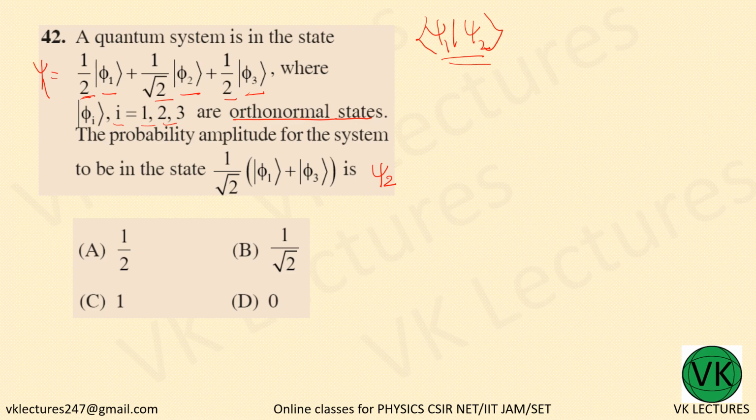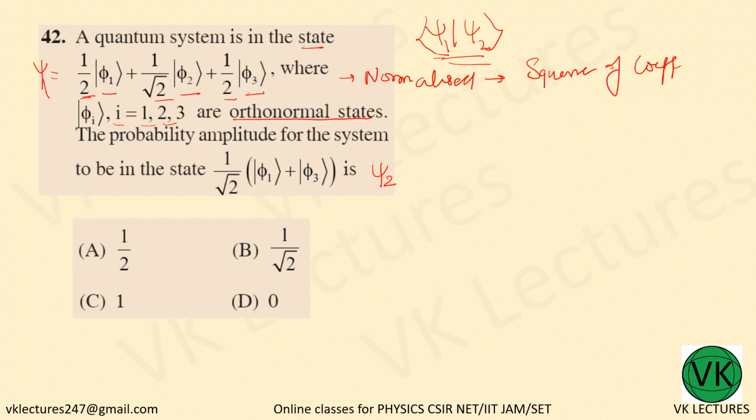Now first of all we have to check that psi 1, that is this state, is normalized. If it is not normalized, we have to normalize. Now how to check whether it is normalized? Square of the coefficient must be equal to 1.